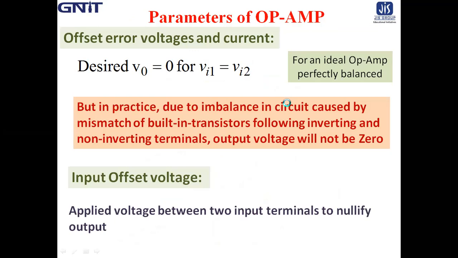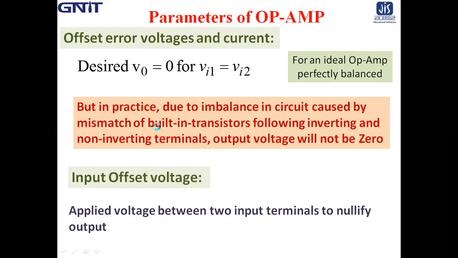It is desired that the DC voltage at the output of an ideal op-amp is 0. For equal input voltages, say VI1 and VI2, an ideal op-amp is perfectly balanced. That means V0 should be 0 for VI1 equal to VI2.